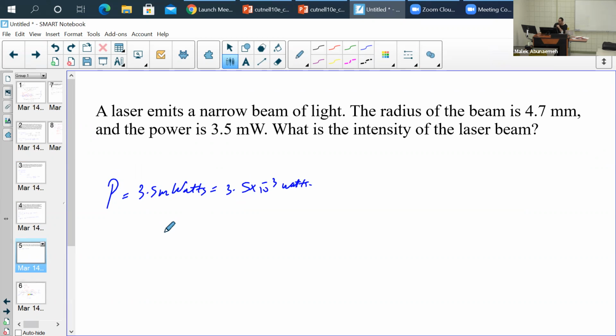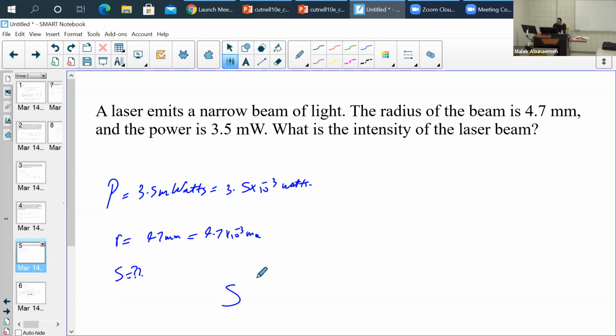Your radius is 4.7 millimeters, which is 4.7 times 10 to the negative 3 meters. And you're looking for your intensity.